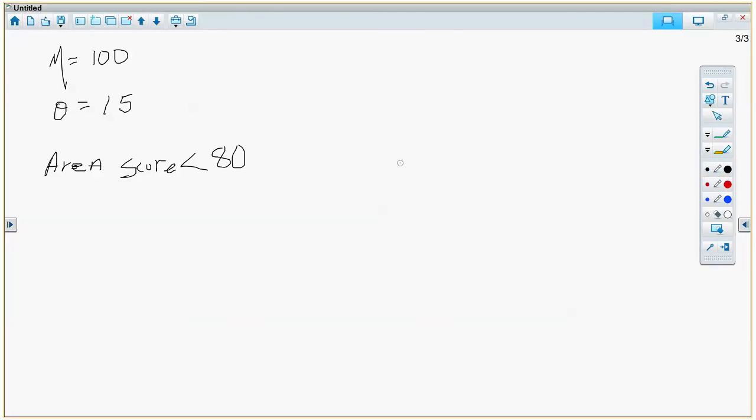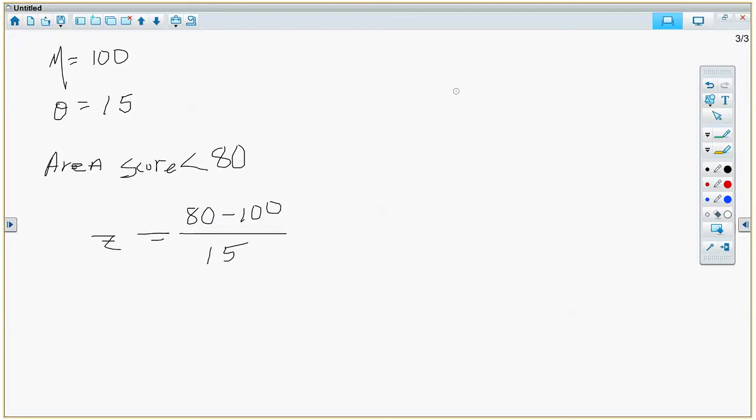All right, so the z-score is equal to 80 minus 100 over 15.